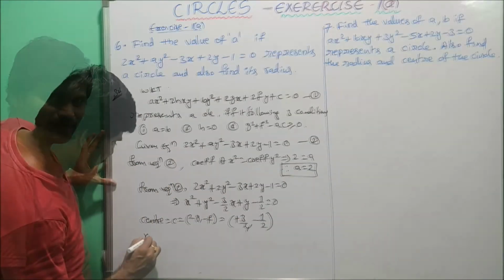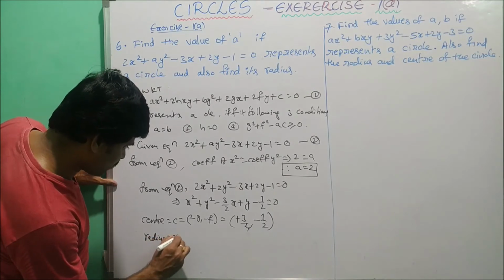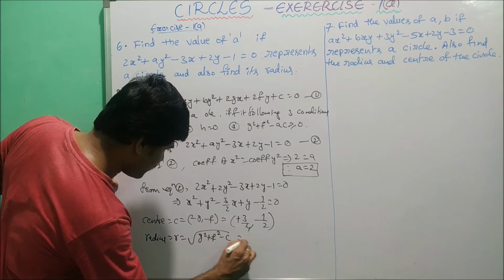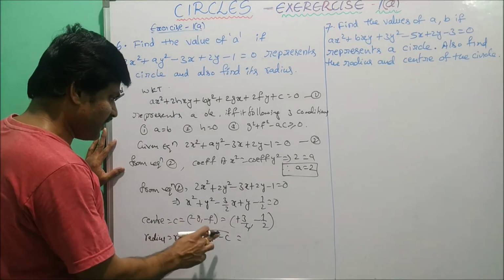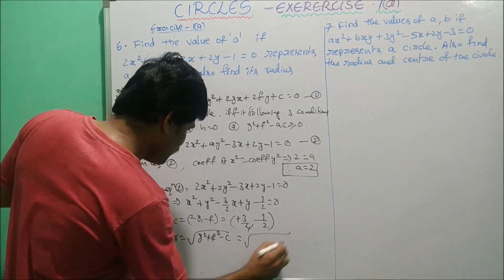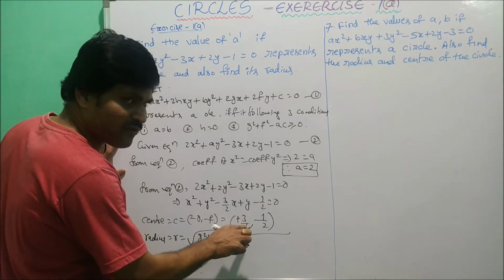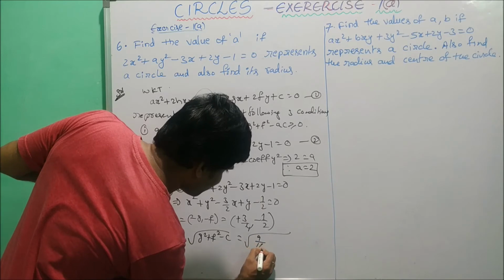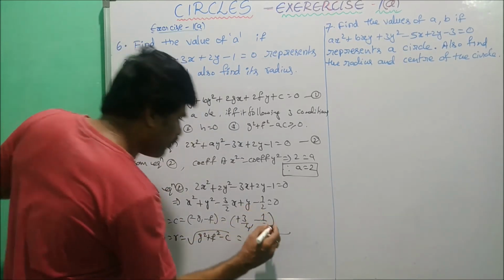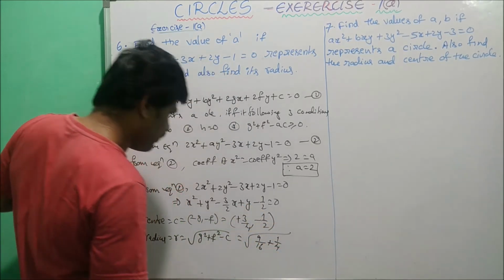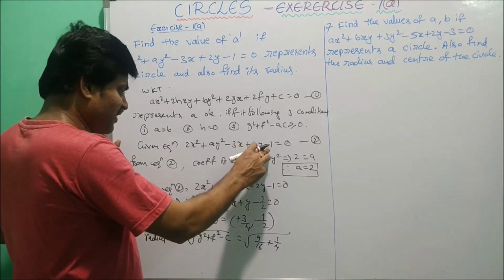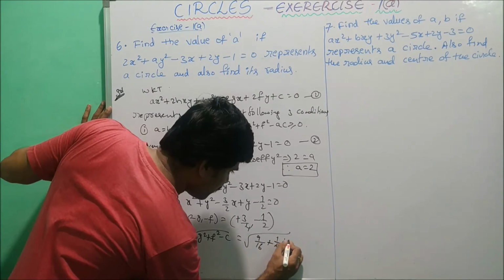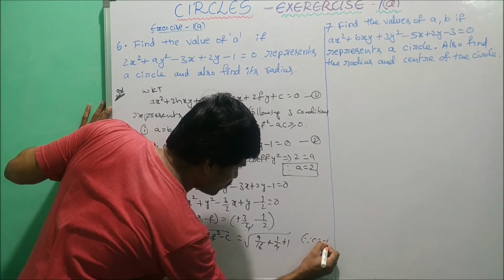Now this is the radius. R equals, the formula is the square root of g² + f² − c. Now we substitute g, f and c in this equation. Here, g² means (3/4)², which is 9/16, plus (−1/2)², that is 1/4. In the given equation c equals −1, so we take −c, that is minus of minus, plus 1.